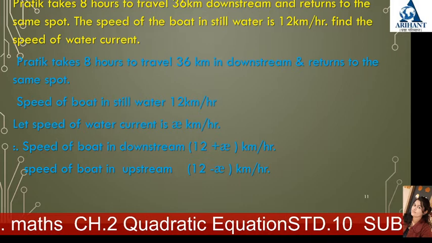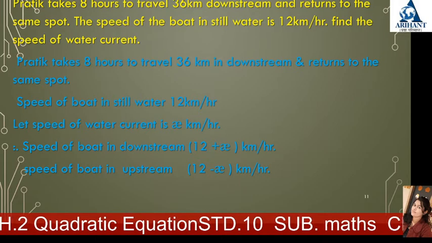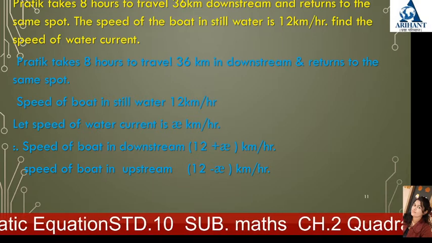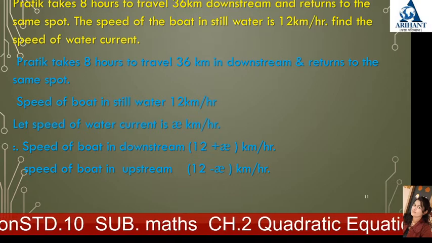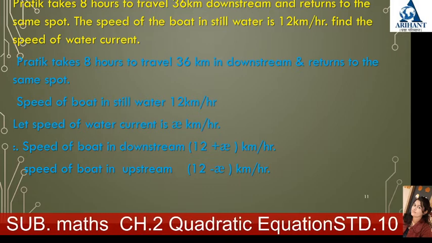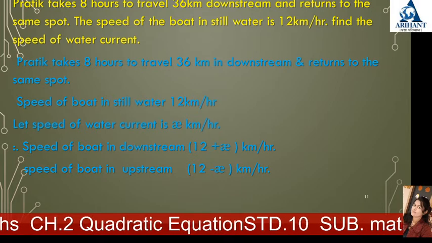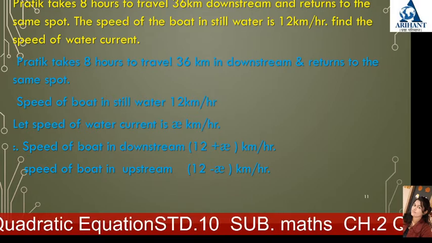because he is returning to his original spot. So the upstream also we need to consider while solving, because it is not mentioned there, upstream and downstream. We need to understand this. So the speed of the boat in downstream is 12 plus x.